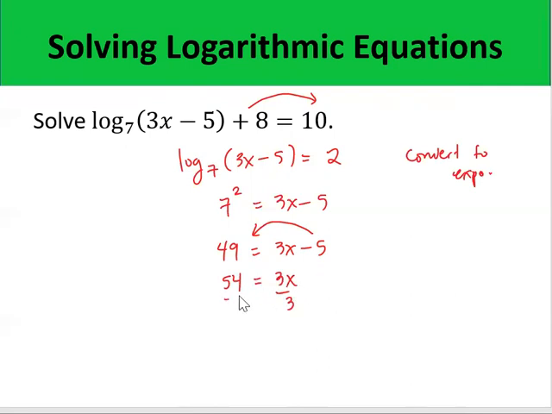And then dividing both sides by 3, we get x is equal to 18. So before we declare this as a solution, we have to check first this particular parameter. So 3 times 18 is 54, minus 5 is positive 49. So x equals 18 is okay for this particular parameter. So that means x equals 18 is a solution of this equation.